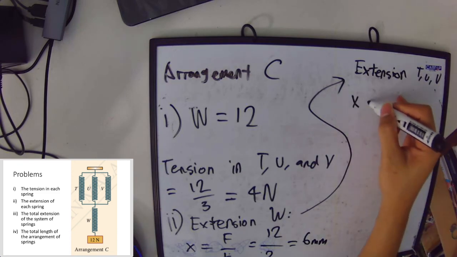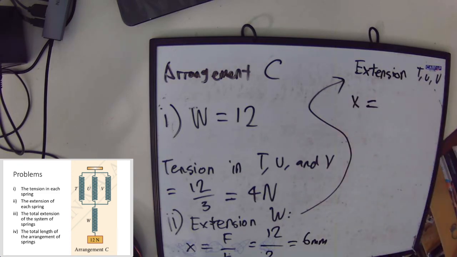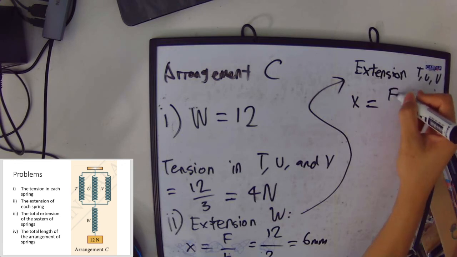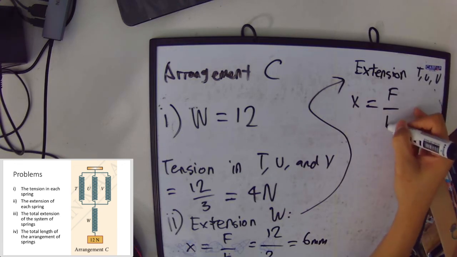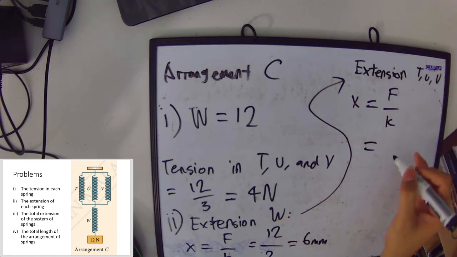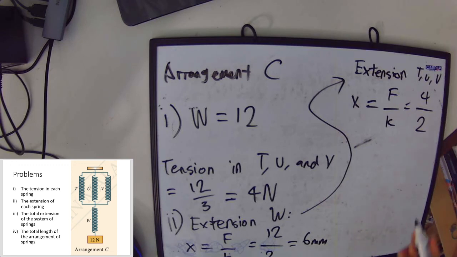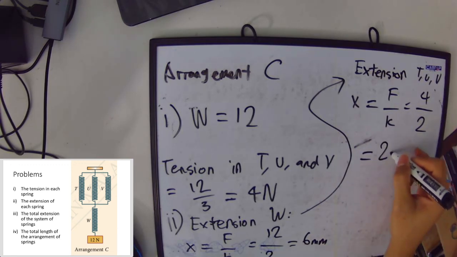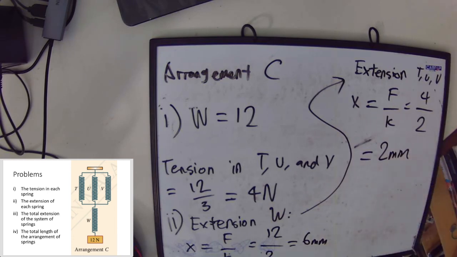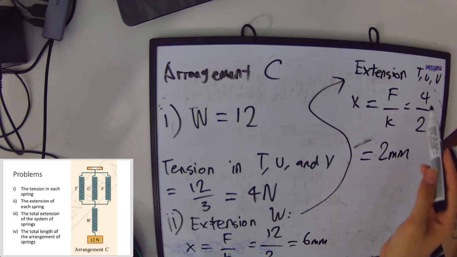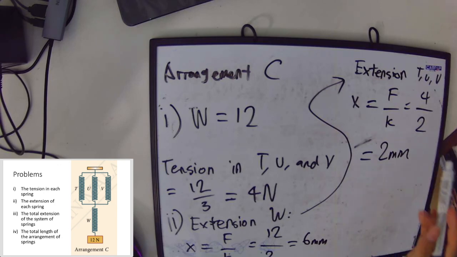And so the extension would equal, again, same thing, but this time only 4 newtons divided by 2. So you only get a total of 2 millimeters of extension each. So extension of T equals 2 millimeters, extension of U equals 2 millimeters, and extension of V equals 2 millimeters. If I had more space, I would write that all out, but I'm running out of space on my whiteboard.